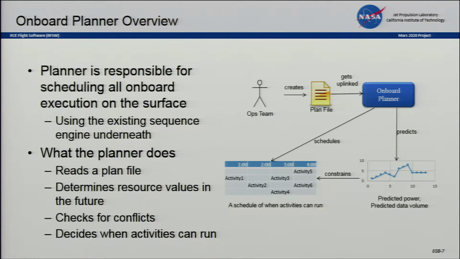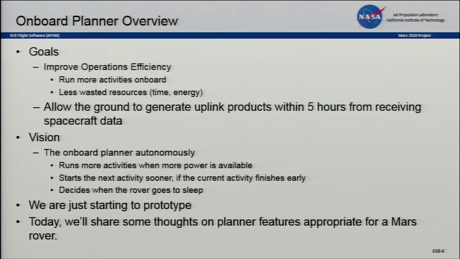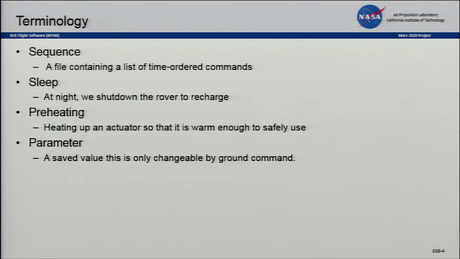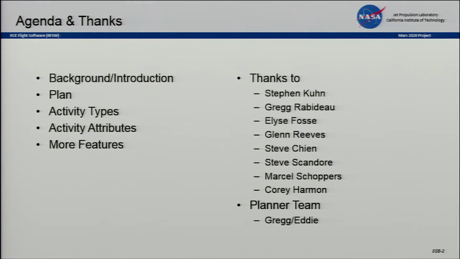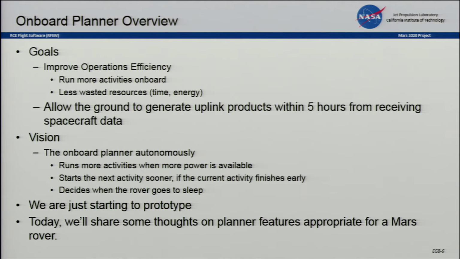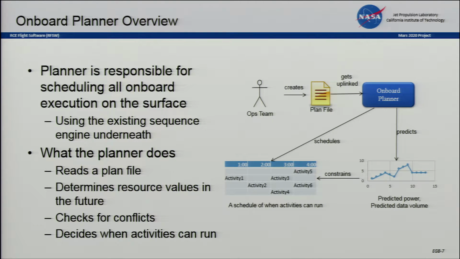Once it makes that prediction, given the knowledge of what constraints there are and what resources are going to be consumed by various activities, and a lot of that comes from the ground, based on all those inputs, both the ground plan file and predictions, it's going to generate a schedule on what activities can run when.